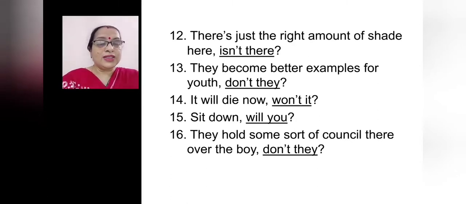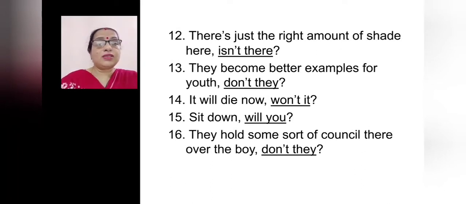Now, other sentences, let us see. There's just the right amount of shade here. So, what will you write? Isn't there? Okay, that type of sentence. They become better examples for youth. So, what will you write? Don't they? Here there is no auxiliary verb.